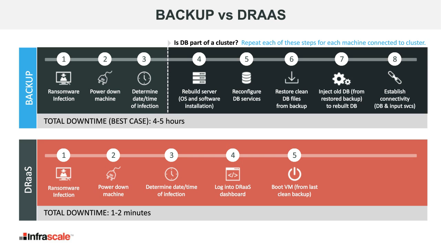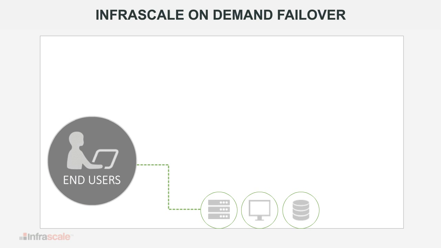That's saving a ton of time and money and energy because of the simplicity of these steps. The MForScale DRaaS solution also includes built-in failover orchestration, and that lets you create predetermined failover plans. Those can be scheduled to boot simultaneously or in a specific order. We'll look at that in a second as well.